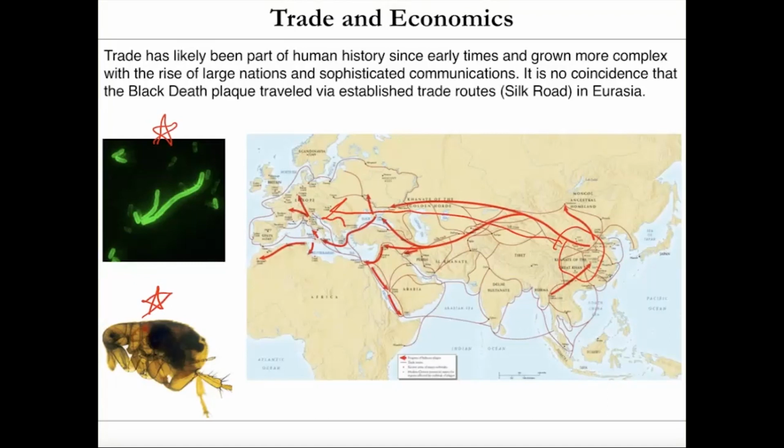And that could only travel from this region in China over to Europe because there were these established trade routes. So it's another instance where these topics in society are influenced by biochemical ideas and topics.